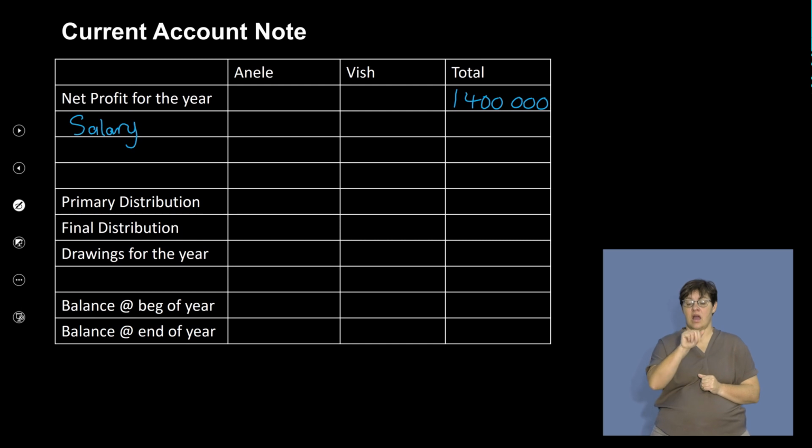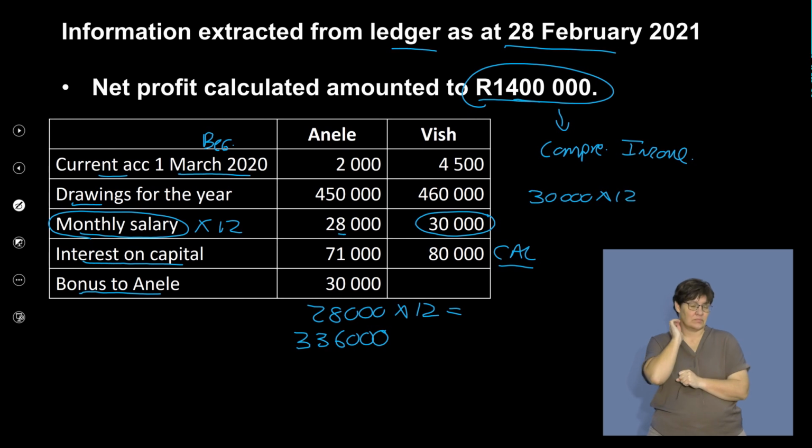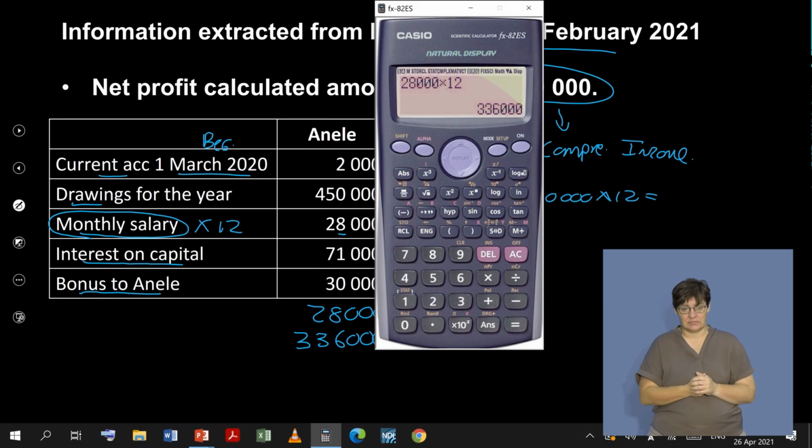So Anele, 336,000. We're going to do the exact same for partner Vish. His monthly salary, not annual, is 30,000. And once again, I'm multiplying this by 12 in order to get his annual salary.